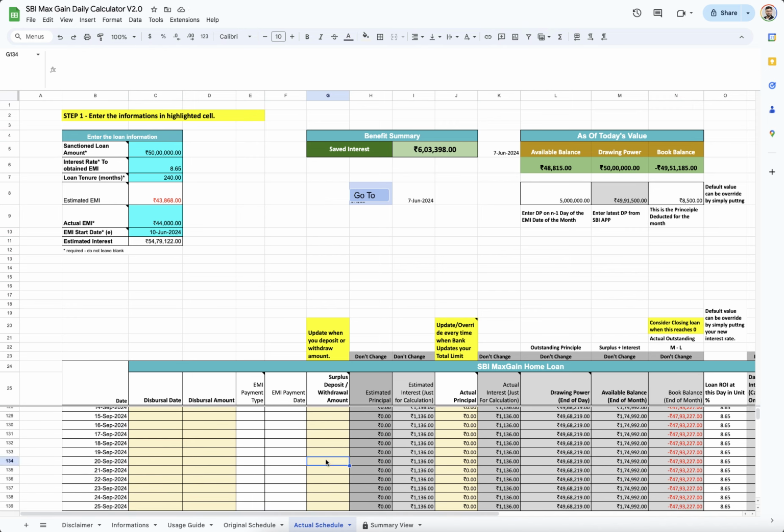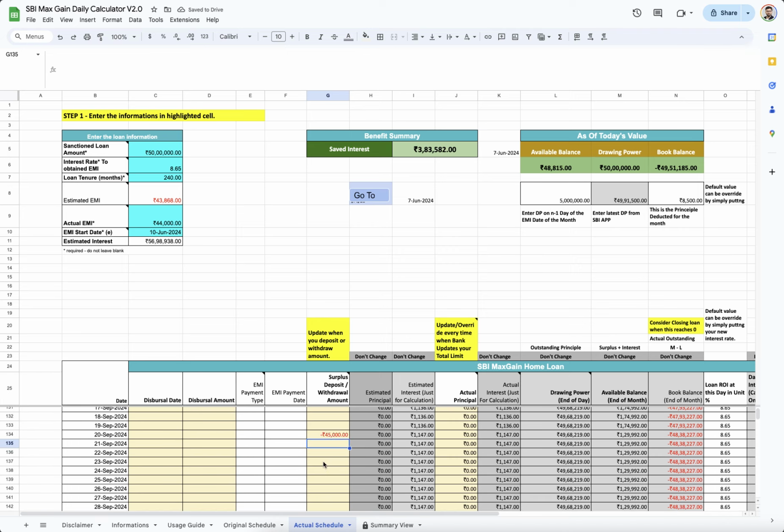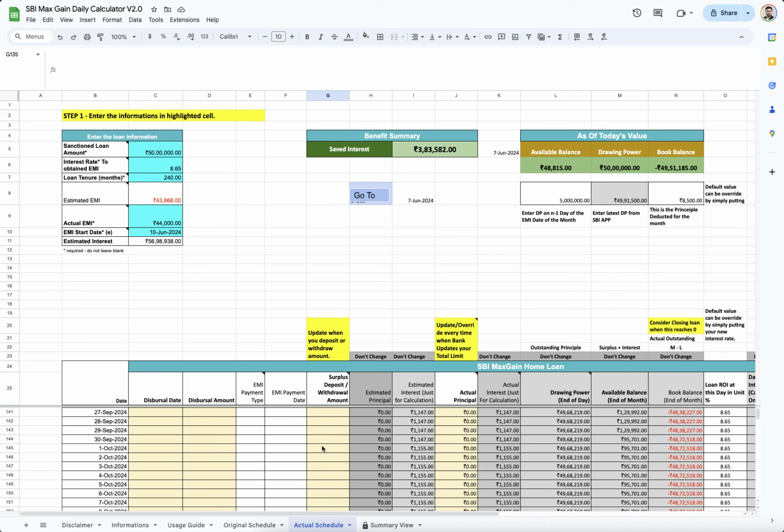And there are chances that you might need to withdraw money as well. So I'm trying to do some of those transactions.